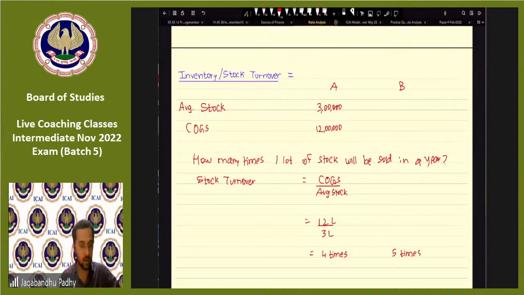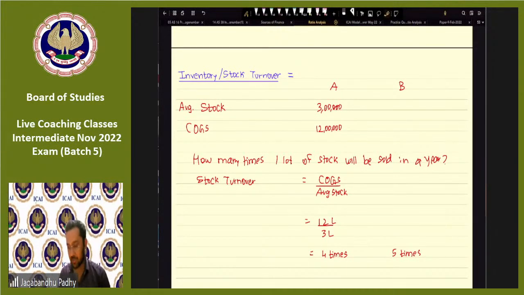Which of these two companies is efficient? Company B is efficient. Exactly, guys.